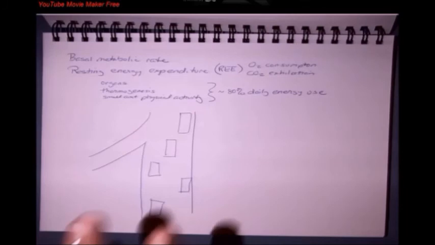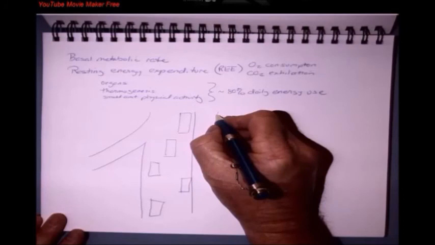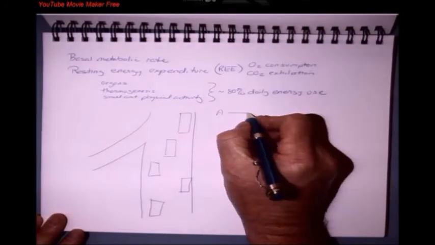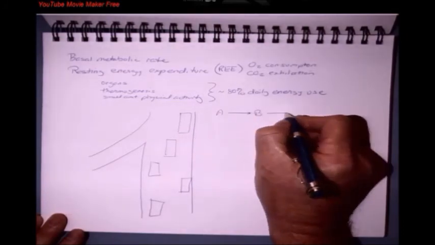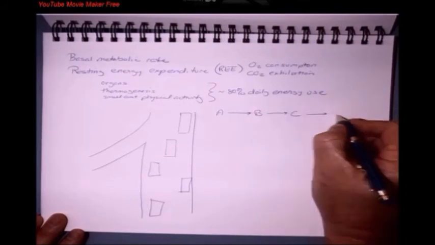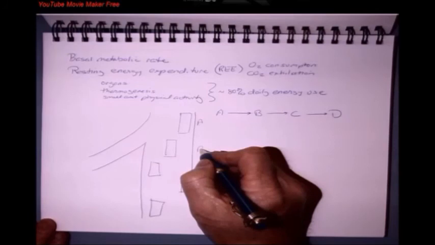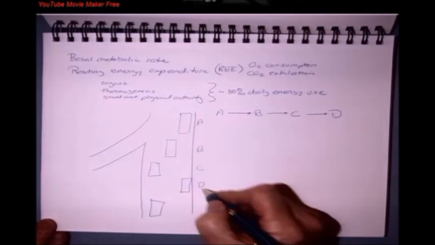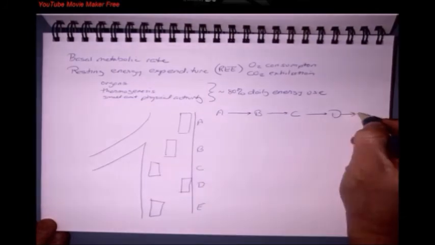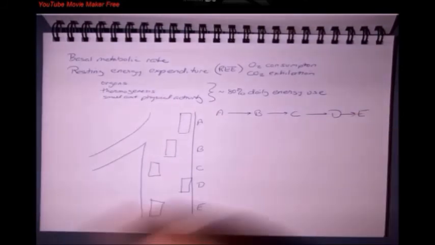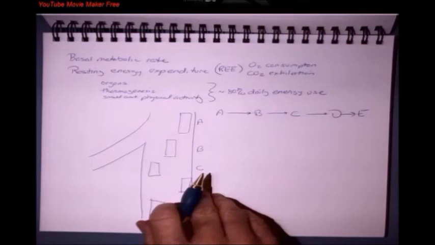Because what you have are cars moving in between these points. So let's say this is point A, this is point B, point C, point D, point E. So these are substrates converting to products, typical biochemical reaction, but they're moving from one place to another.